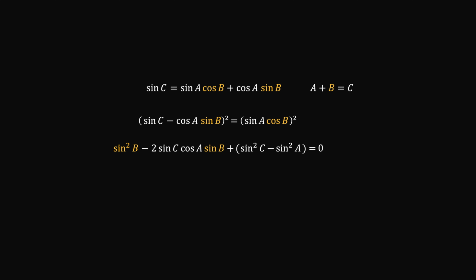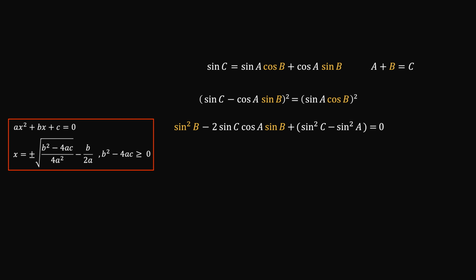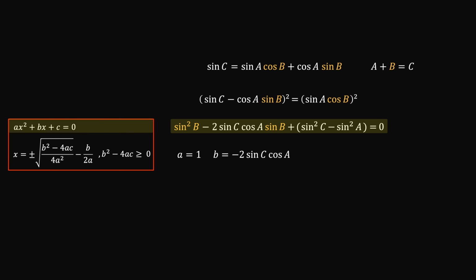There are so many symbols here. Fortunately, we color the unknown, so it's easy to keep track of what we're looking for. Now we can use the formula for the quadratic equation. All we need is to match a few constants. A is 1, B is minus 2 times sine C cosine A, C is sine C squared minus sine A squared.